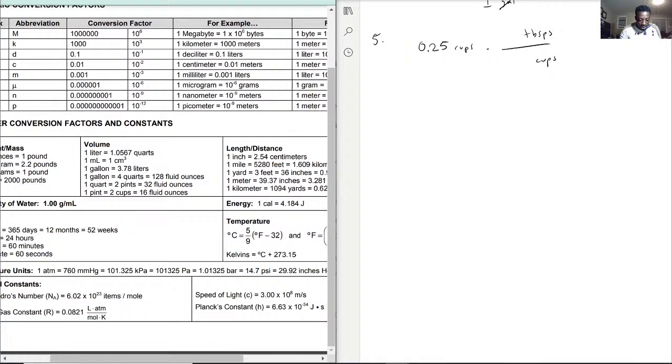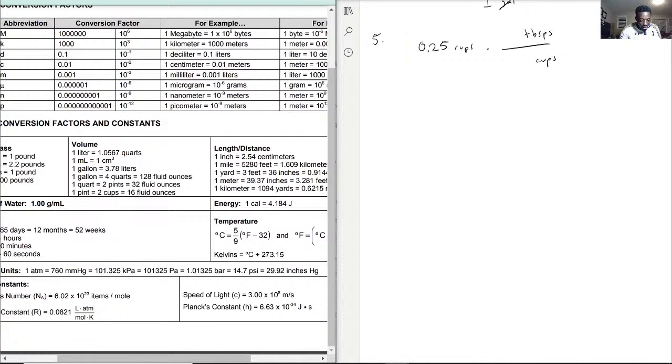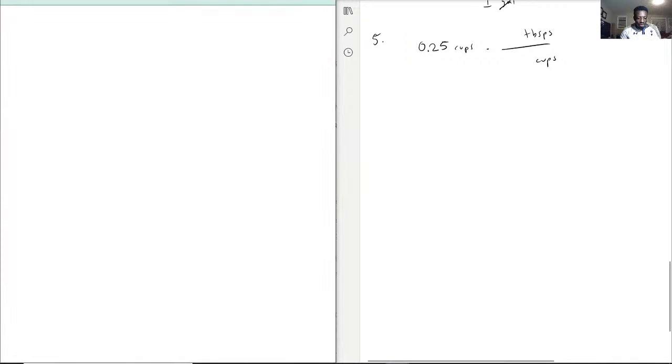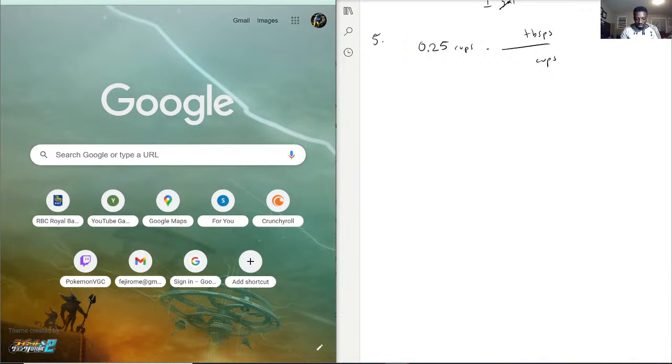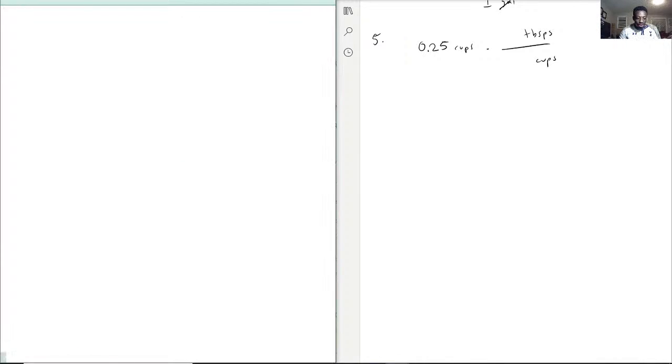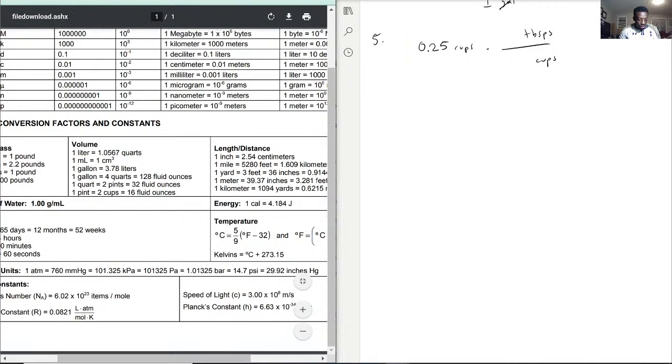Unfortunately, it's not included here in terms of our list. The closest we have is 2 cups is 16 fluid ounces. So for this, we kind of have to make it fair, because I do want to make it a little bit more challenging. We're going to see what we can connect to here and then convert from there. So we have 2 cups here, as you can see, 16 fluid ounces.